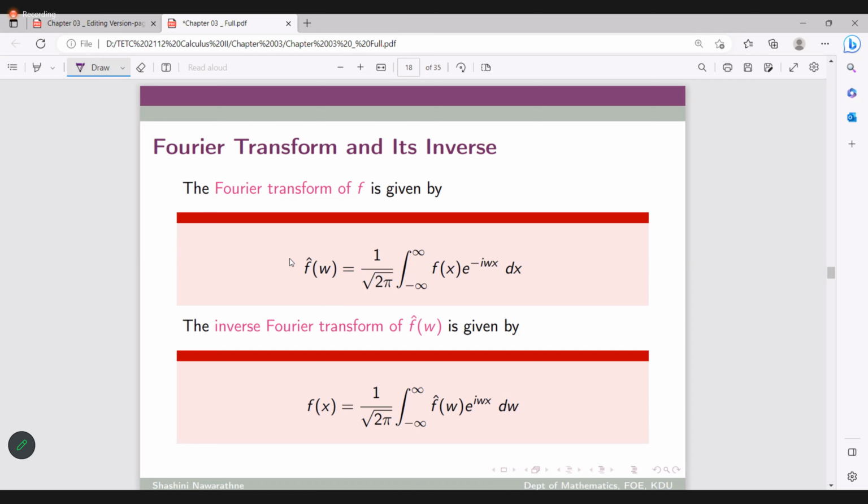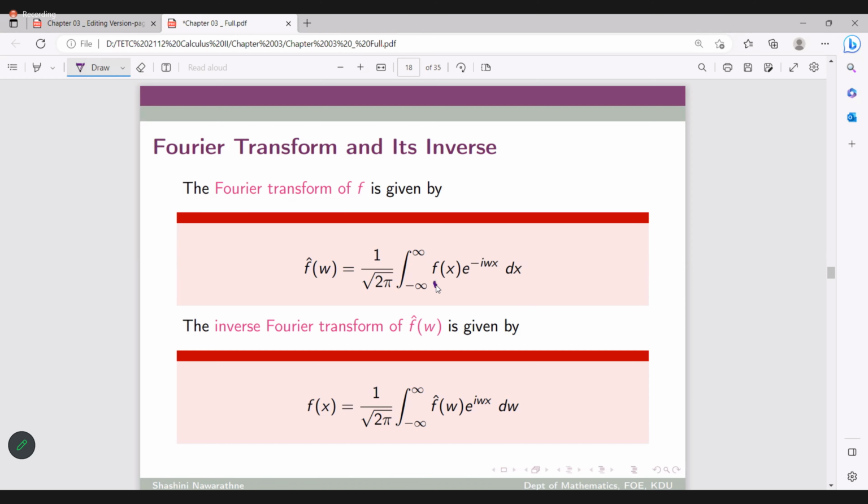The new function that we obtain, we symbolize as f hat of w. The variable of this function is w, and the function is f hat. The operation is 1 over square root of 2 pi times the integral from minus infinity to infinity of f of x e to the power minus iwx dx.